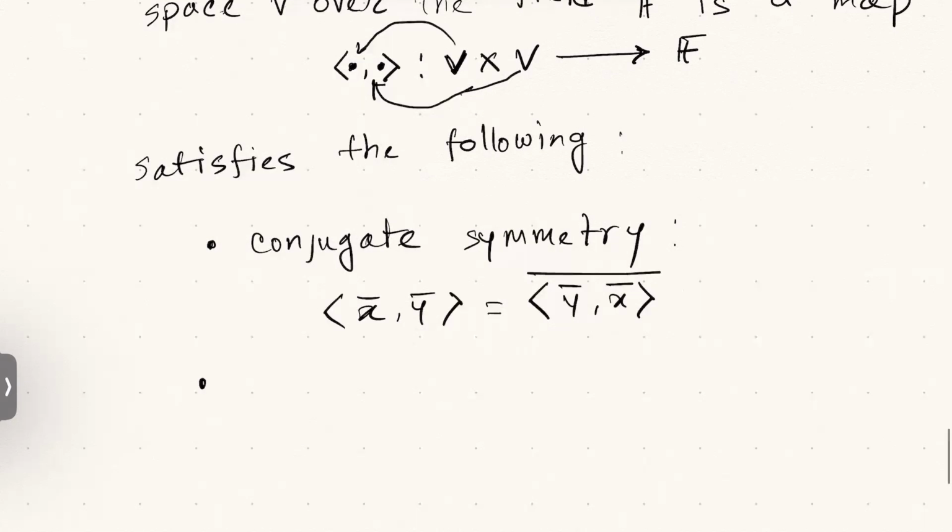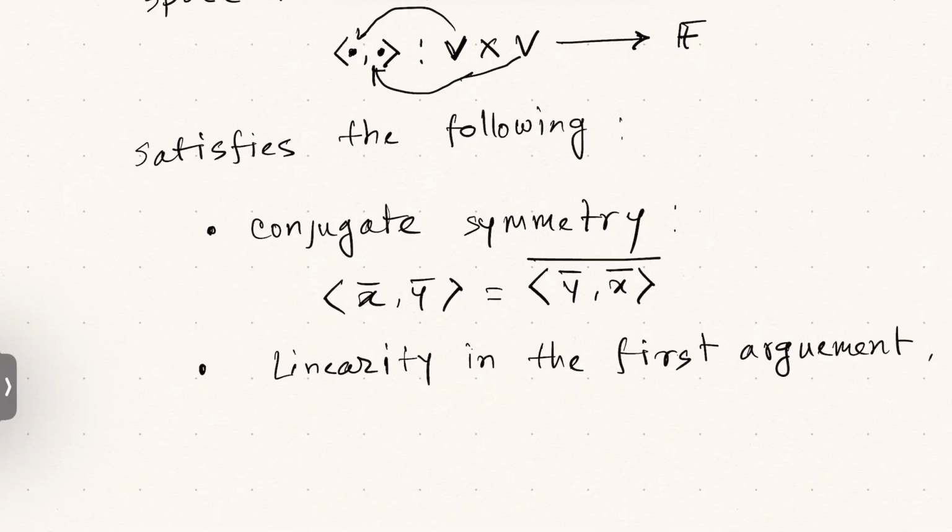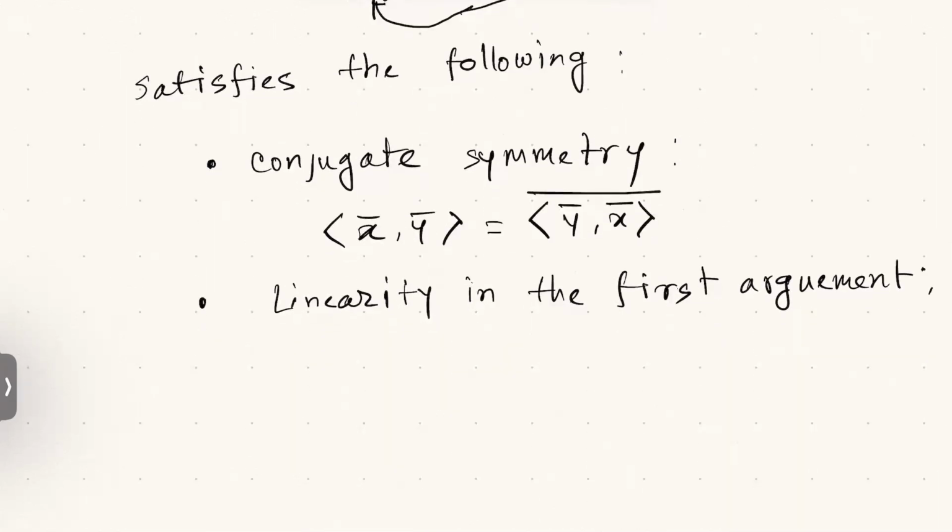And second is linearity. In the first argument, a x plus b y, z. So these a and b are basically scalars, and this x and y are vectors. Z is also a vector.